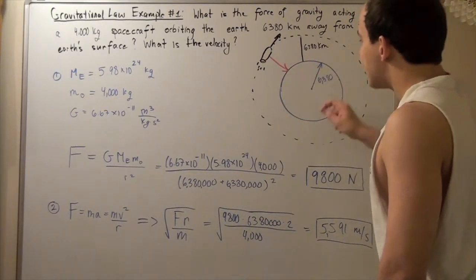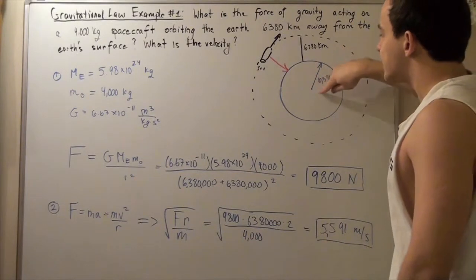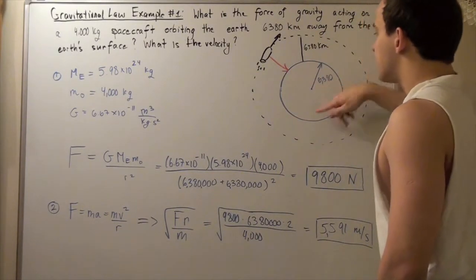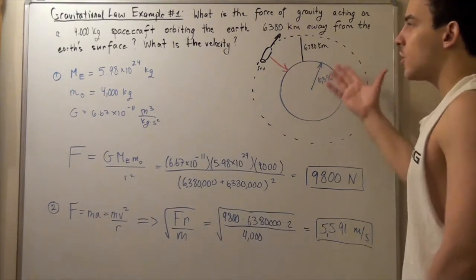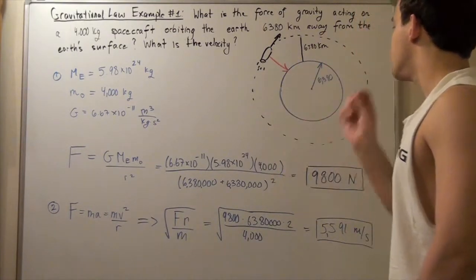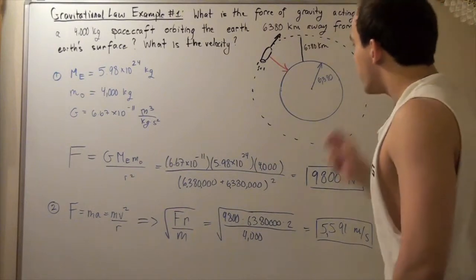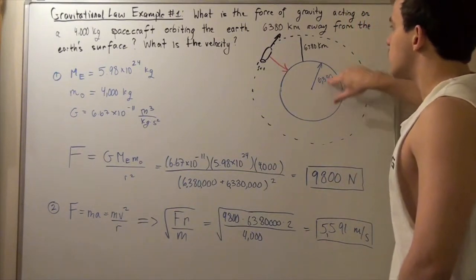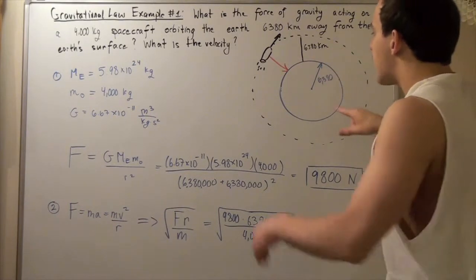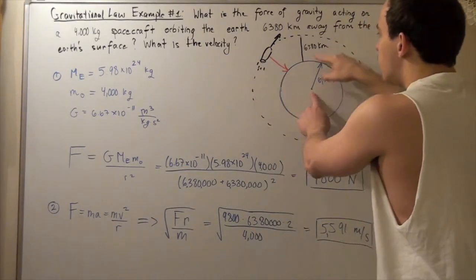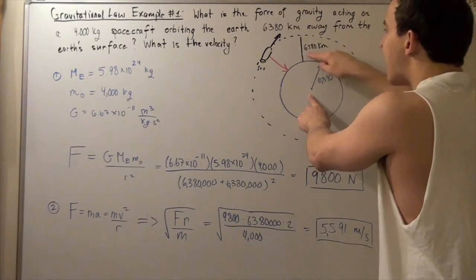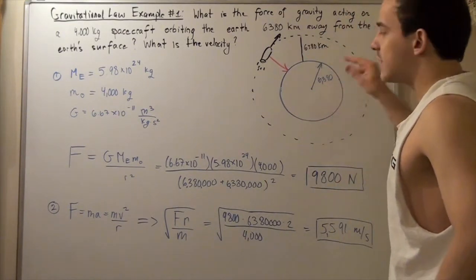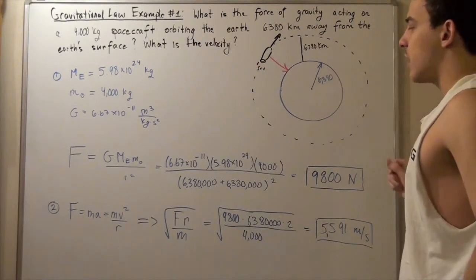And that means we actually have to find the center of mass of the Earth, which is simply its geometric center, because we said our Earth has uniform mass density. So the radius of the Earth is 6,380 kilometers, just like this distance. So to find our actual distance, we simply multiply this by 2, or we add the same amount to that amount. And notice we have to convert this to meters as well.